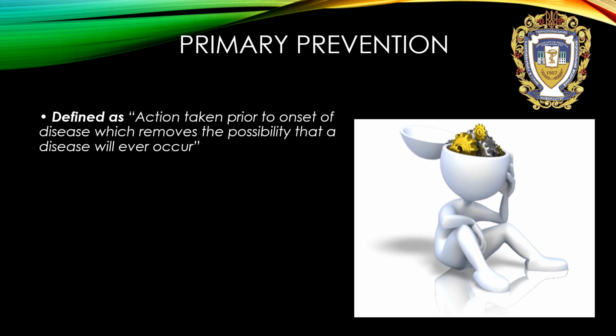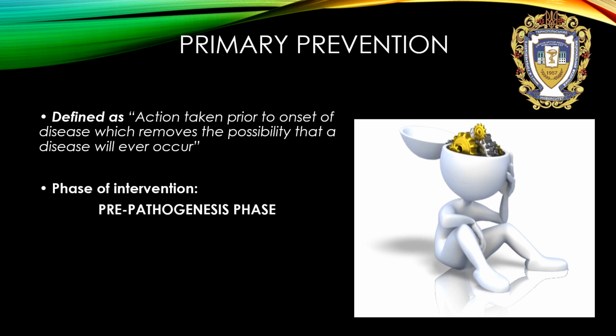Primary prevention, the next level of prevention, is defined as action taken prior to onset of disease, which removes the possibility that a disease will ever occur. Phase of intervention, pre-pathogenic phase.